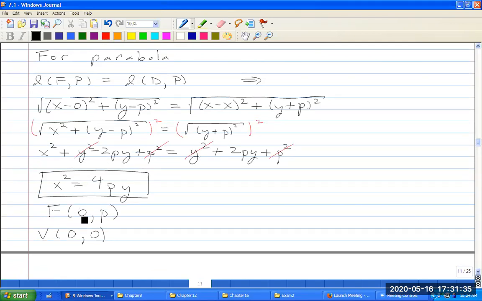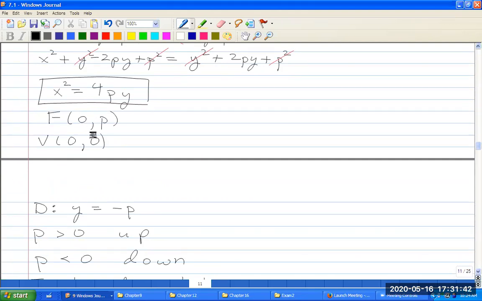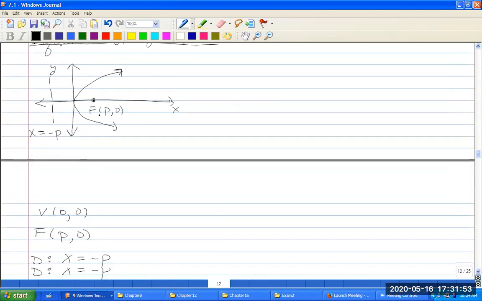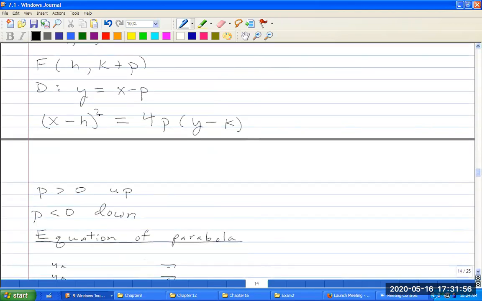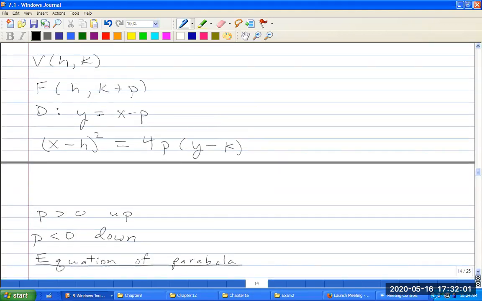So I'm just adding h and k here to this. Oh, I see. Okay. So it's this exact thing. It's a transformation. Okay, I thought we were looking at a different problem. No, it's the same thing. Okay. So that's why. And then p greater than 0 goes up, p less than 0 goes down.